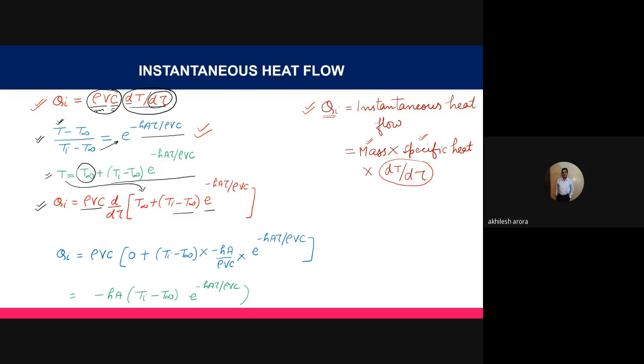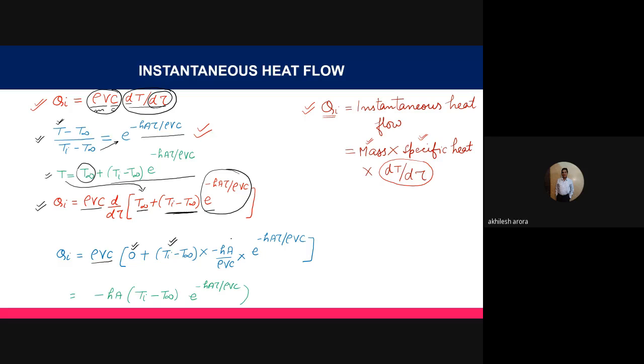Now I will differentiate the term which is in the brackets. So rho Vc will remain as it is. The first term is the variation of T infinity with time. T infinity is the surrounding temperature, so it is going to remain constant. That is why we put it as 0, plus Ti minus T infinity, which is once again a constant, multiplied by e raised to power minus x.